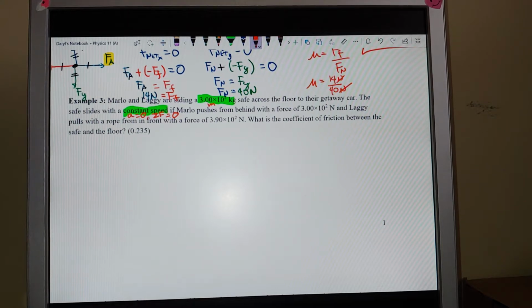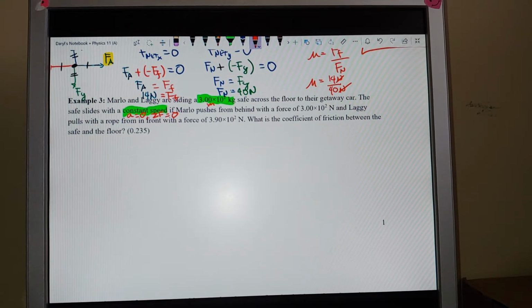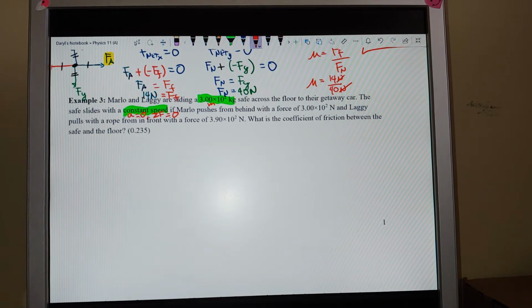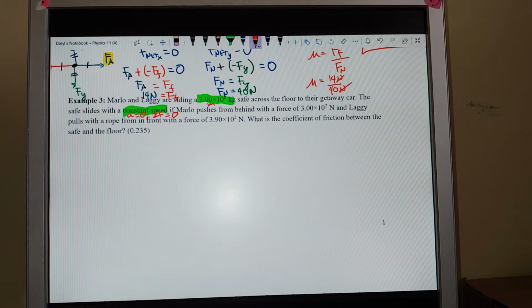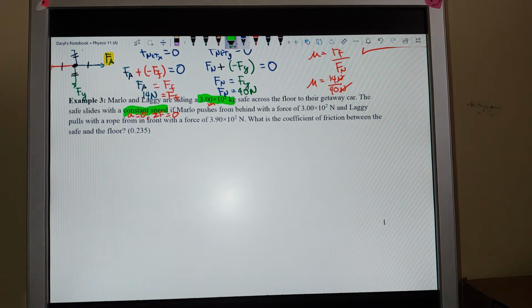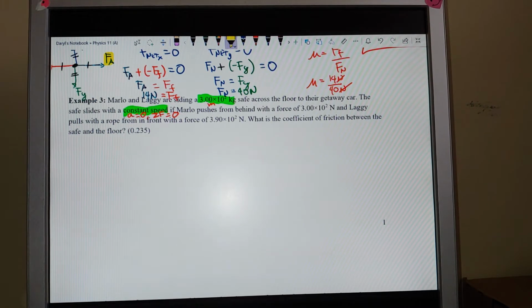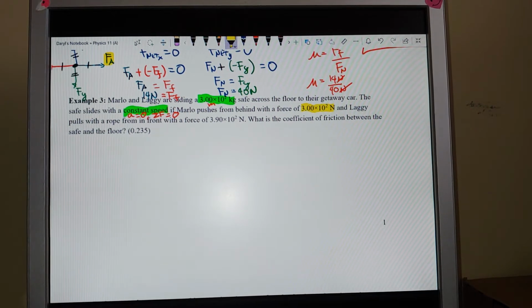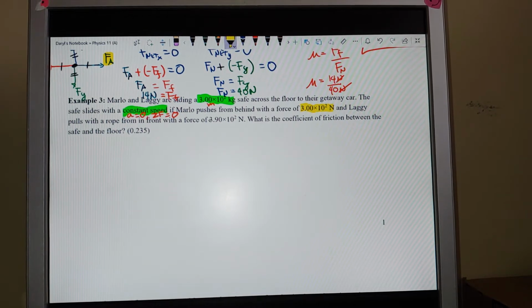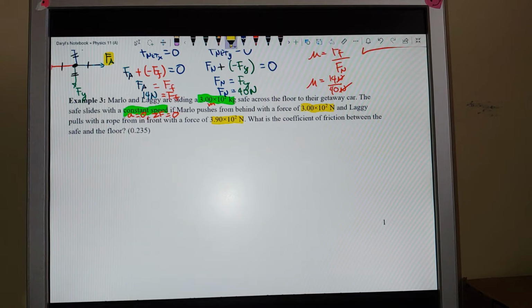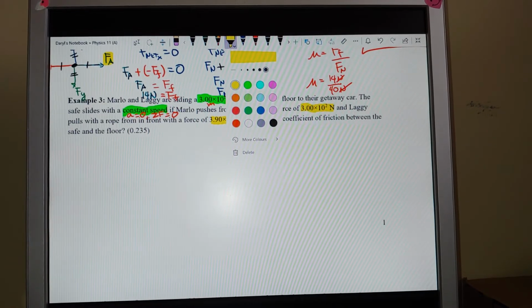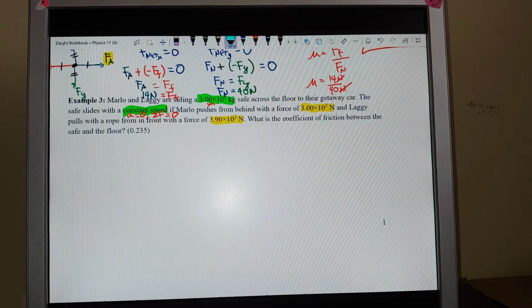So the object is not accelerating, and the sum of the forces gives us 0. In order to move with a constant speed, Marlo and Laggy should exert forces of 3 times 10 to the power of 2 newtons and 3.9 times 10 to the power of 2 newtons. We want to get the coefficient of friction.